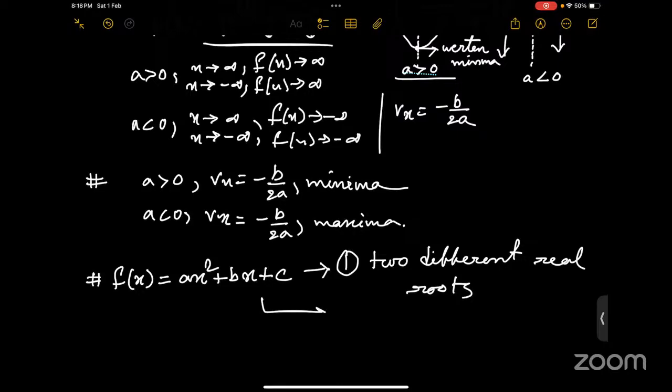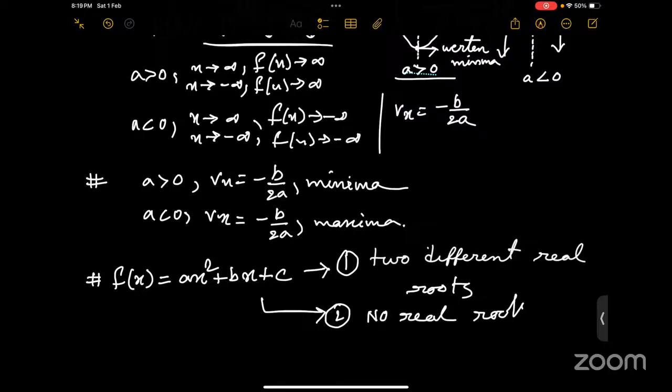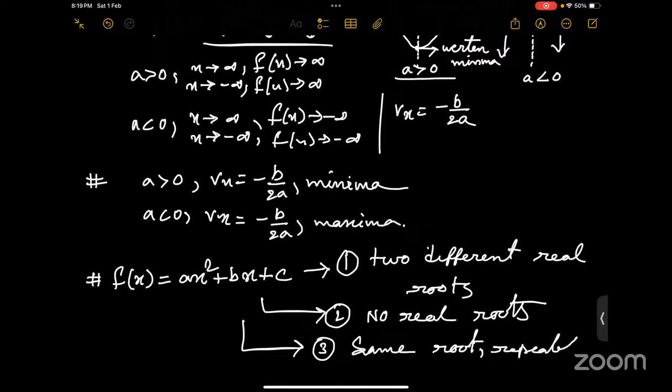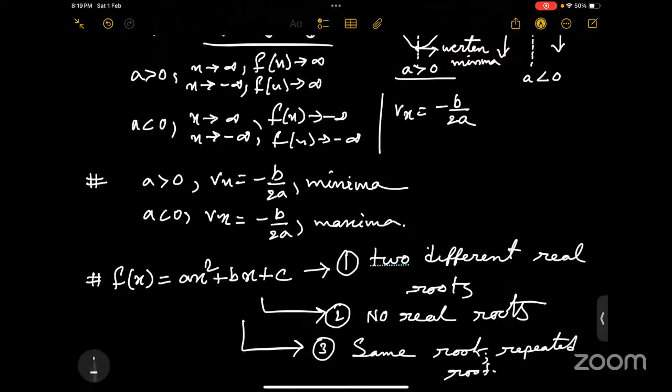Second case is no real roots, and third case is the same root or repeated root, right? So we can have three different cases depending on the discriminant.